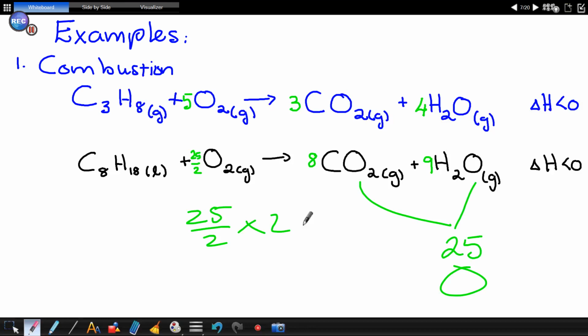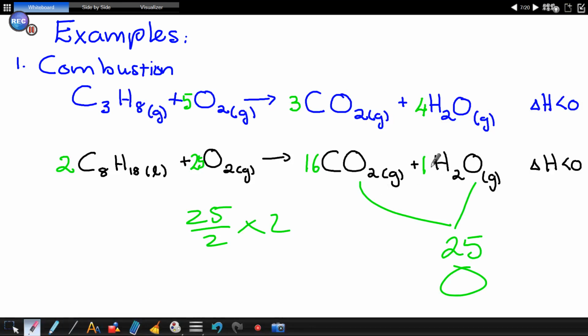Isn't that 25? But you can't have a fraction in a balanced equation, so I just multiply everything by 2. Then that 25 will be 50. And this will be 16. And that will be 18.